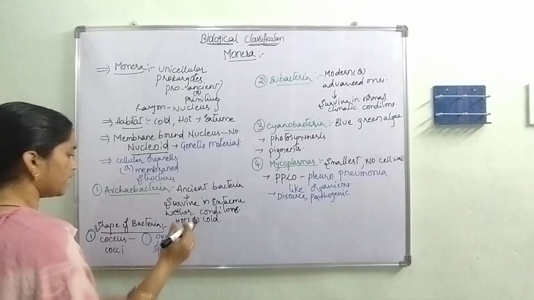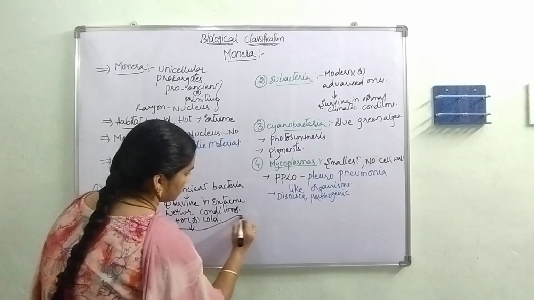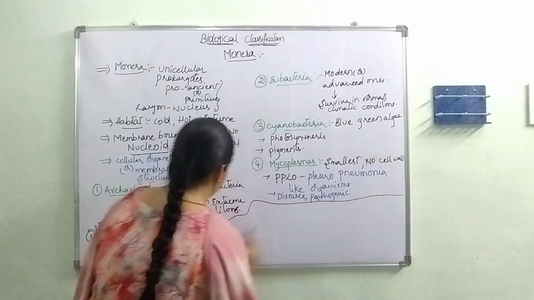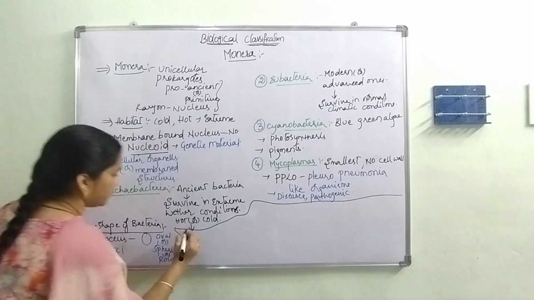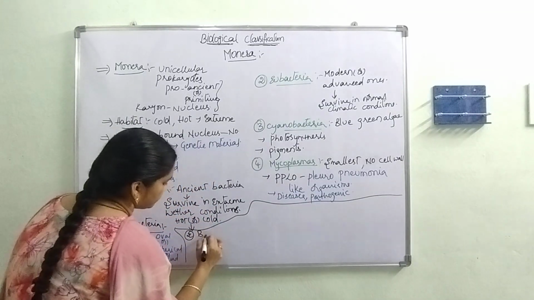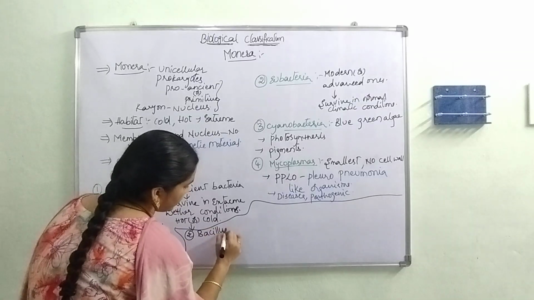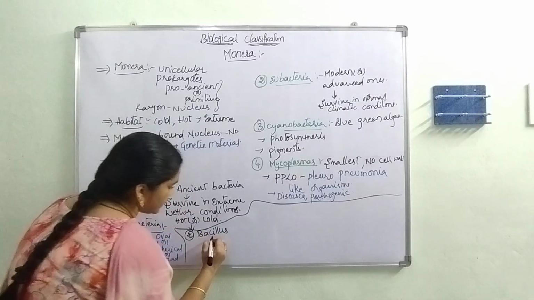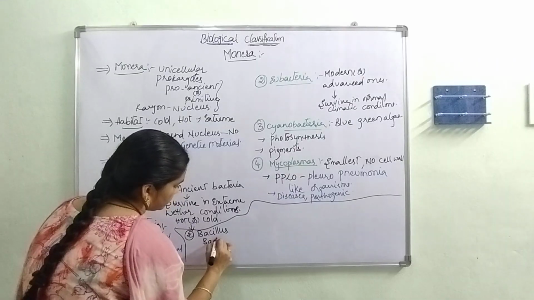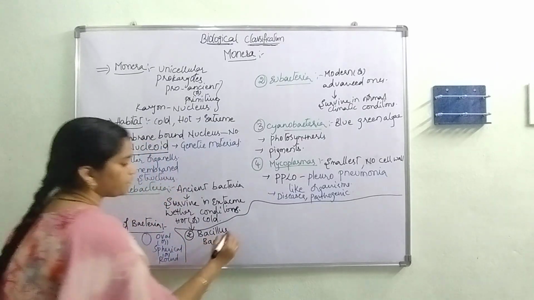Next, the second shape is bacillus, singular, and bacilli, plural.